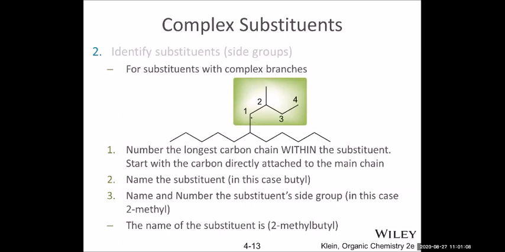In the substituent, the carbon that is linking with the parent, we label that as number 1. The atom that links with the parent is the number 1 carbon. And then within this complex substituent, you still need to find the longest chain.